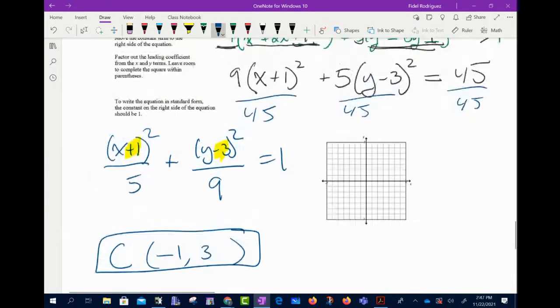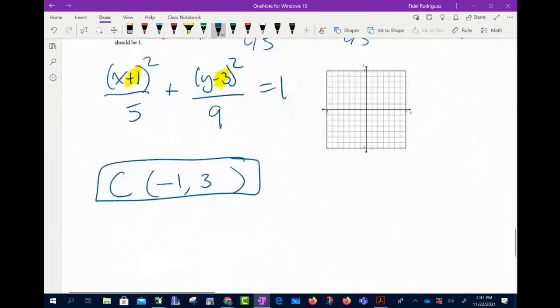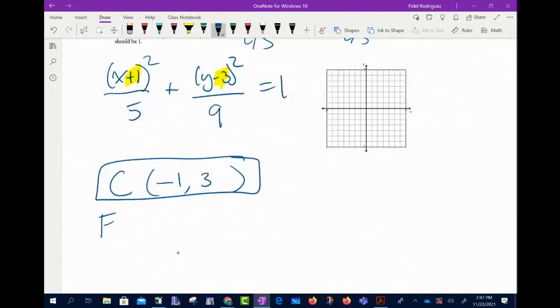Now let's find the foci. So remember, y'all, the formula for the foci is c squared equals a squared minus b squared. Now I got to figure out what's my a squared and my b squared. Remember, c squared is going to be a positive number.